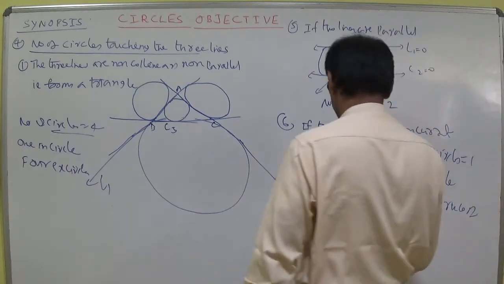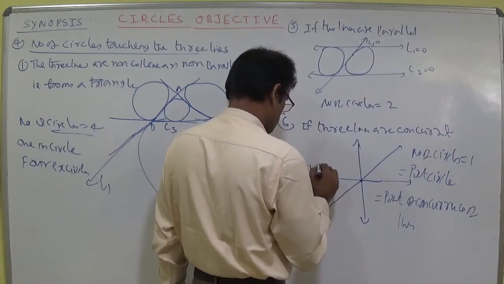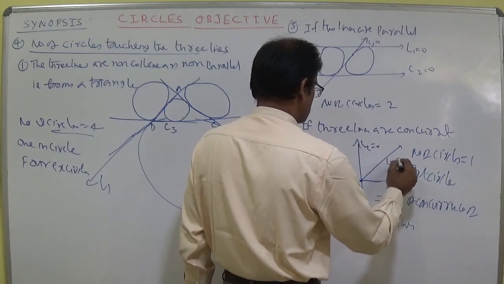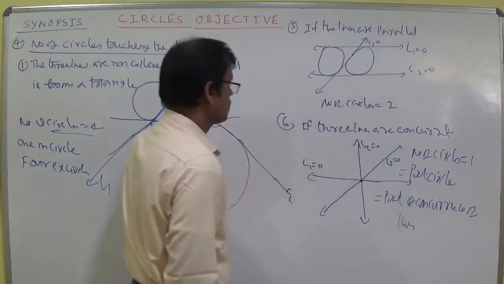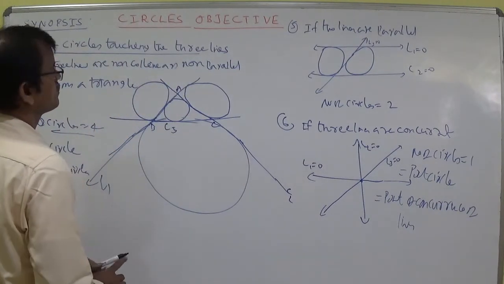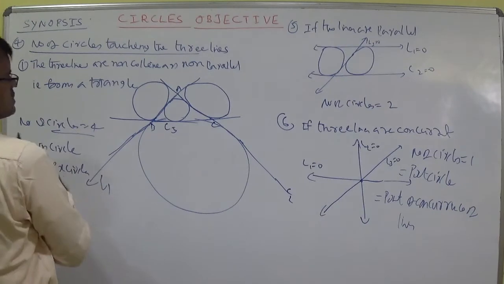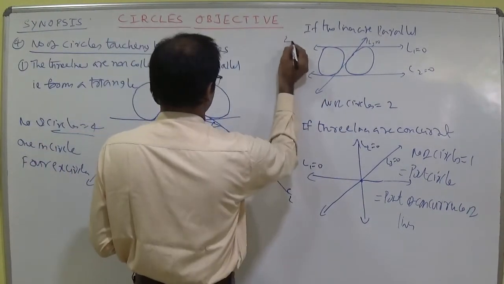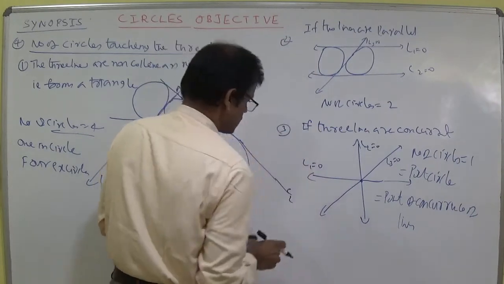Here this is L1 equal to 0, this is L2 equal to 0, and this is L3 equal to 0. This is the first, this is second, this is third, and another one is there.